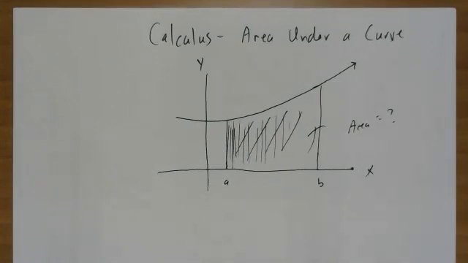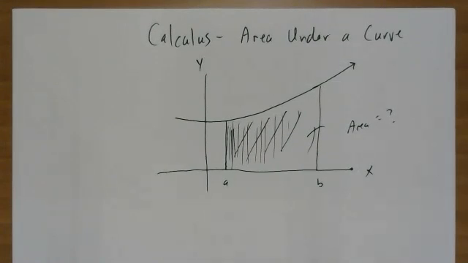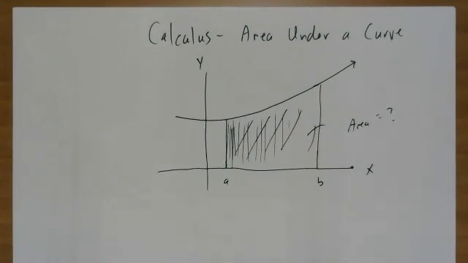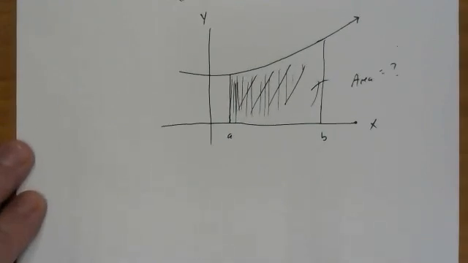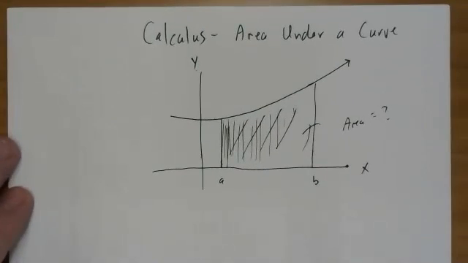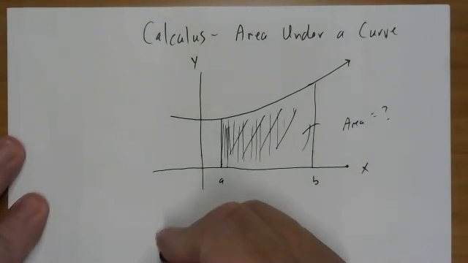What I thought I would do now is just do some example problems that you're going to see in the homework, and probably eventually on a quiz and a test. Here's the first problem.